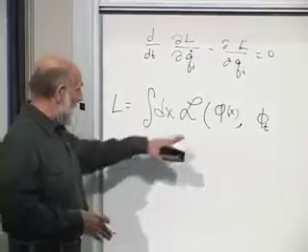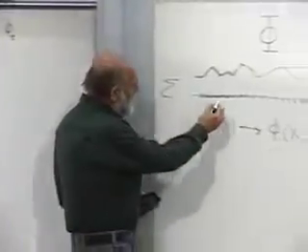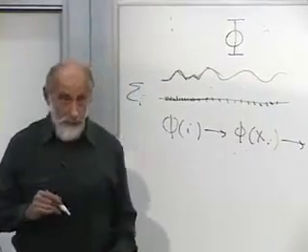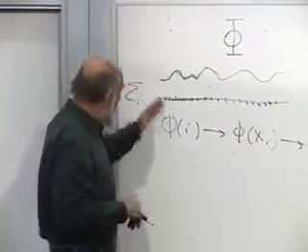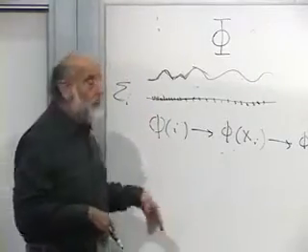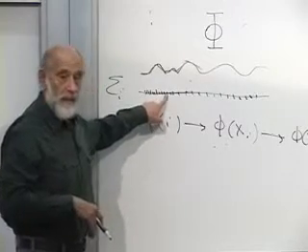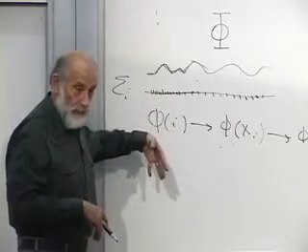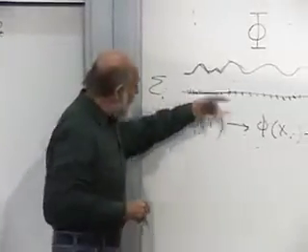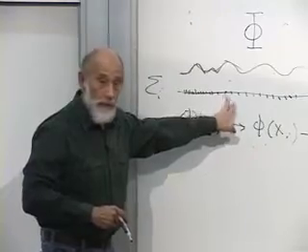But what else can L depend on? L can also depend on differences of phi between neighboring points. So you could have in the Lagrangian phi appearing at each point separately, but you could also have the derivatives of phi appearing in the expression for the Lagrangian. In the Lagrangian we wrote down, the potential energy did involve differences of phi at two different points.